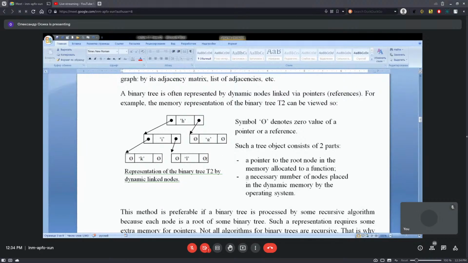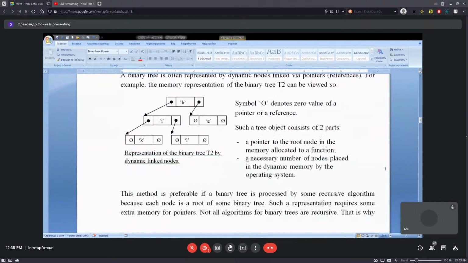Symbol 0 denotes zero value of a pointer or reference. Such a tree object consists of two parts: a special pointer that will give access to the root node, and a necessary number of nodes placed in dynamic memory by the operating system.